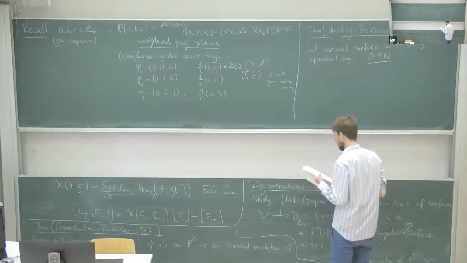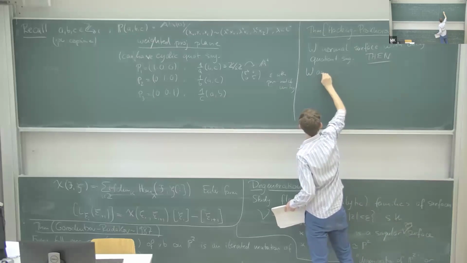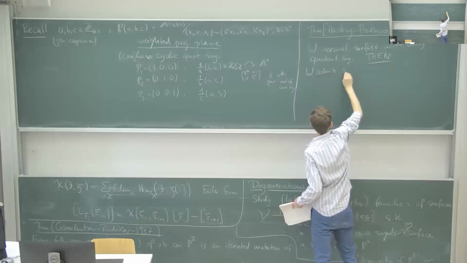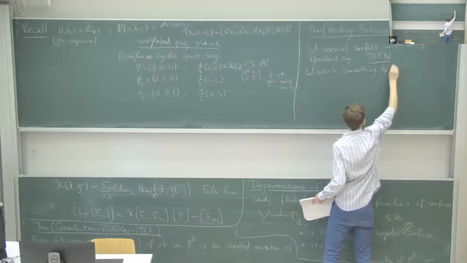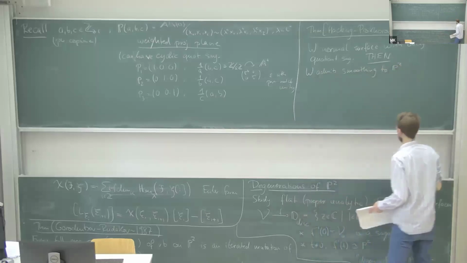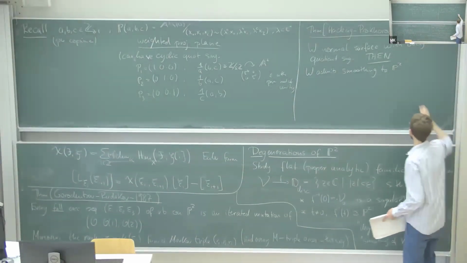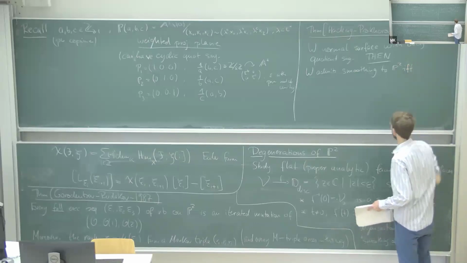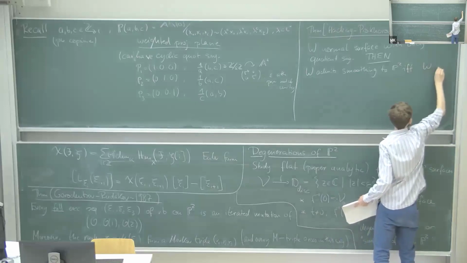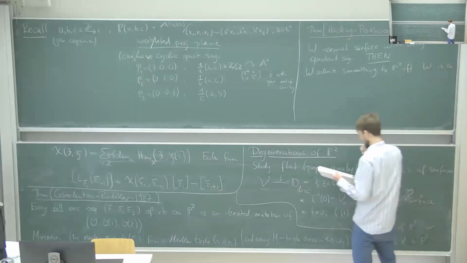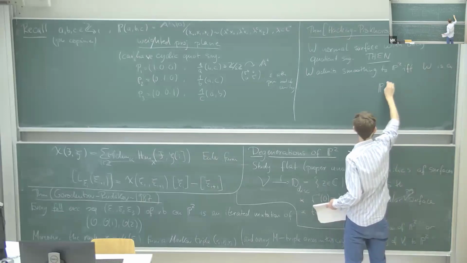Then the statement is that this W admits a smoothing to P2 as defined down here, if and only if W is a weighted, I leave some space here because it's not quite true what I'm saying.